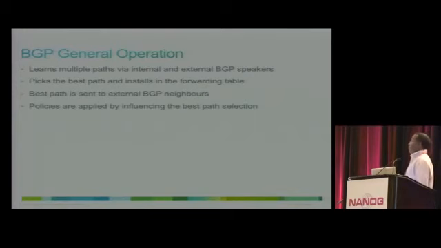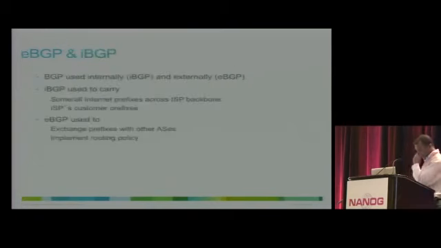The other very important aspect of BGP is that it is heavily policy influenced. Service providers have different policy tools that they can apply to influence the routing selection decision, and we'll discuss those routing policies later on. eBGP and iBGP refer to external BGP peering and internal BGP peering.